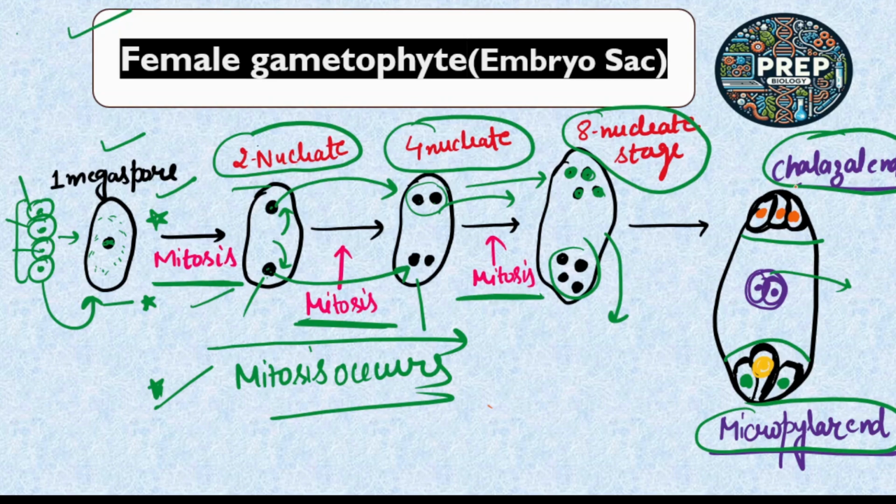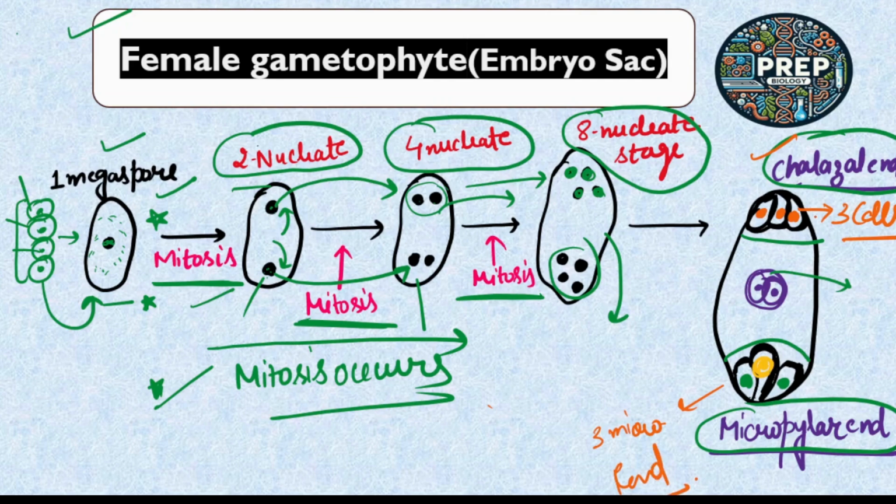At the chalazal end, out of 8 nuclei, we have 3 cells arranged, and 3 cells are shifted towards the micropylar end.